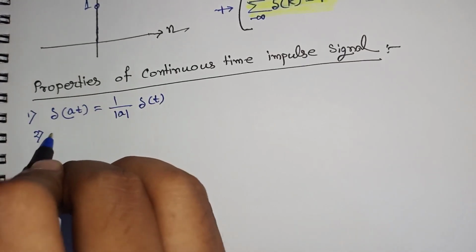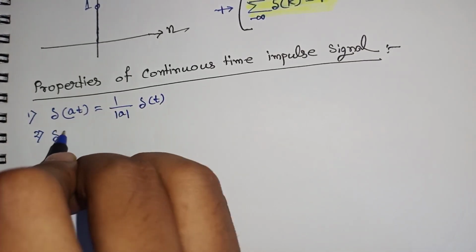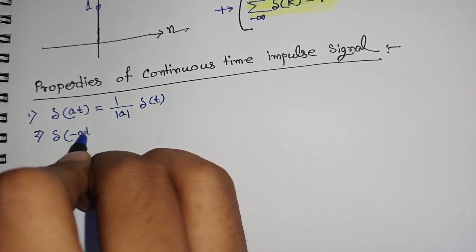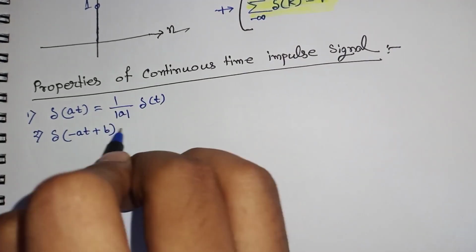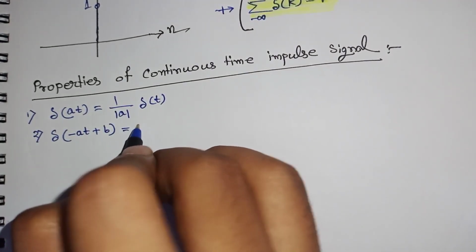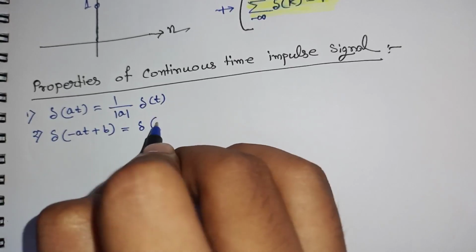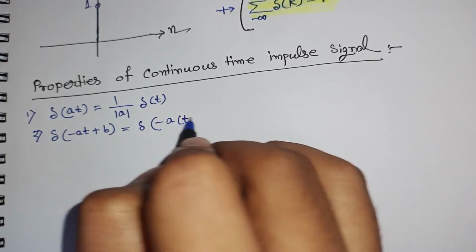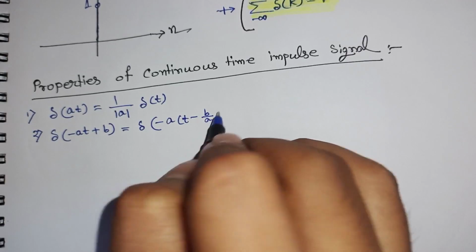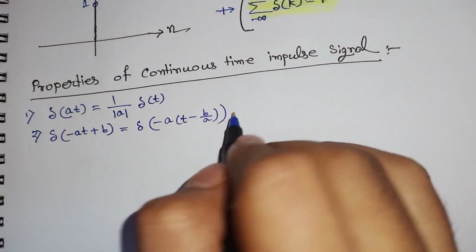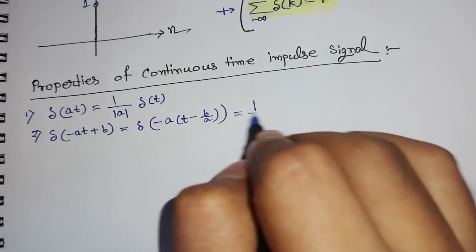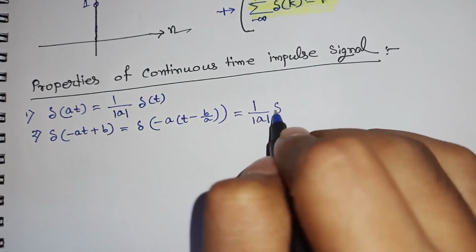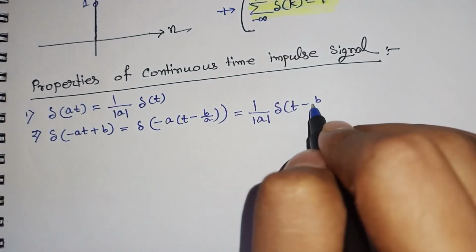Second is, if we have del of minus at plus b, then let's take common minus a into t minus b by a, and it is 1 by mod a del t minus b by a.